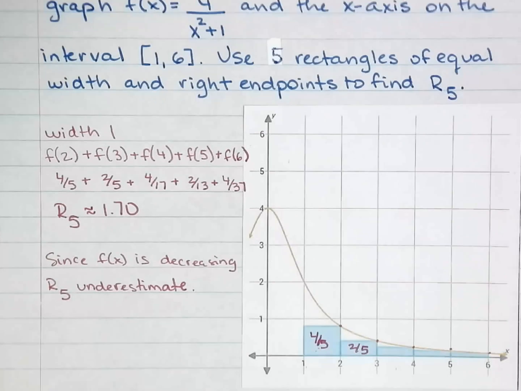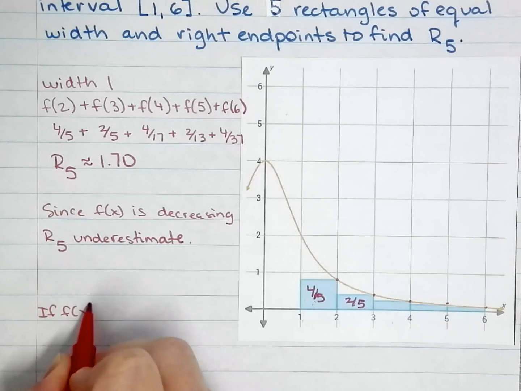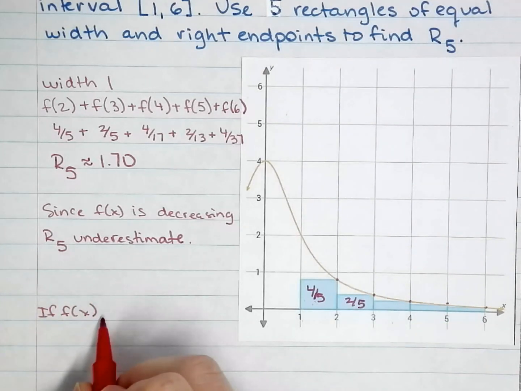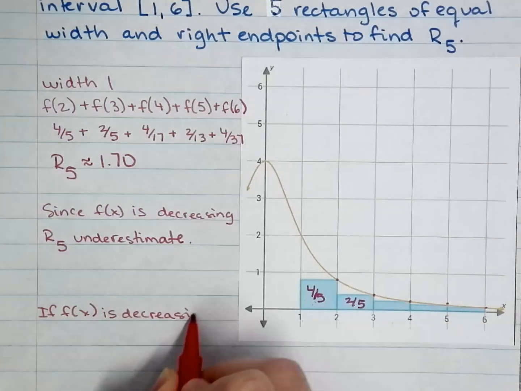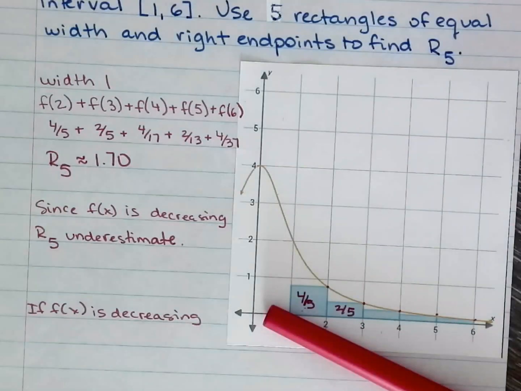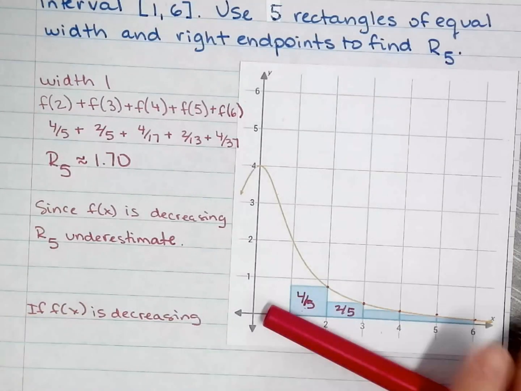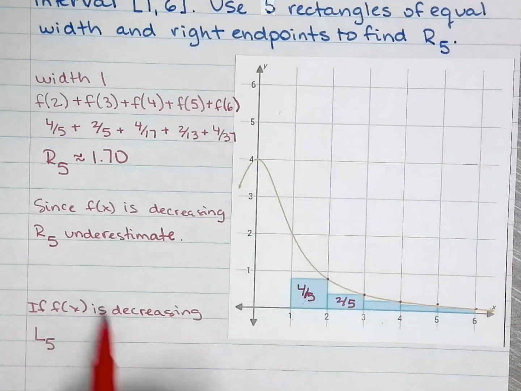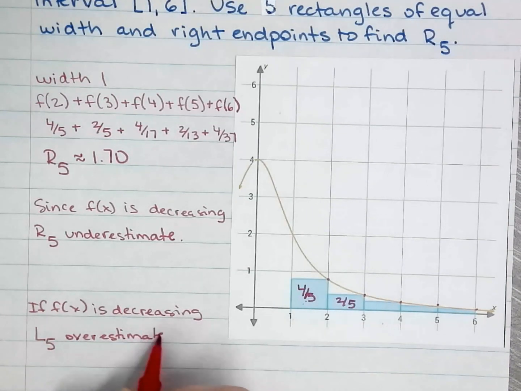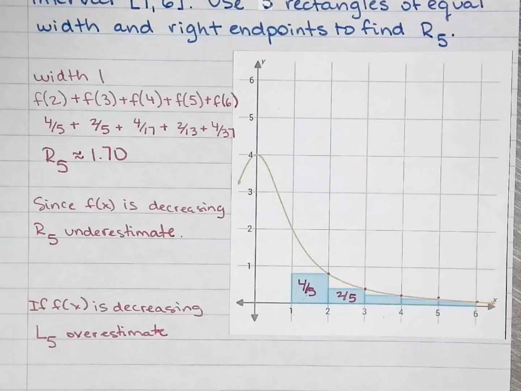Now, I'm going to talk about a couple more things here. So if f of x is also decreasing, so the same idea here, but you're using left endpoints, then that would overestimate. You get the idea. Let's do another one.